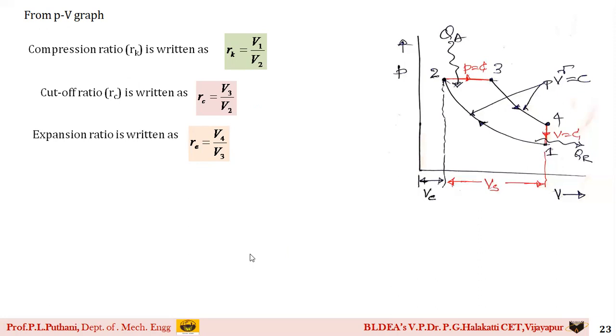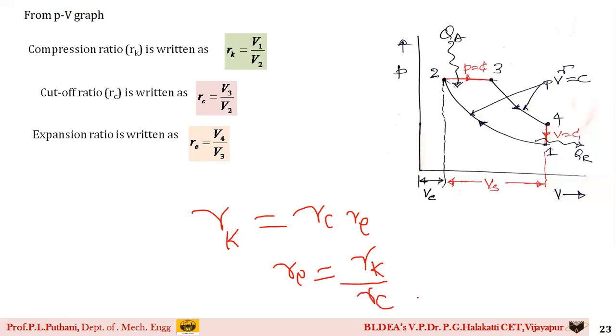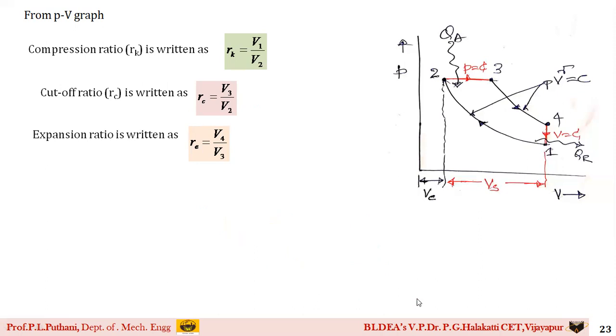I can write it as compression ratio RK as the product of cutoff ratio RC with the expansion ratio RE, or RE is equal to RK divided by RC. This is a common relation.